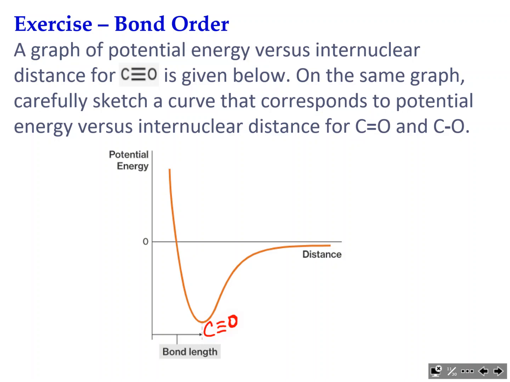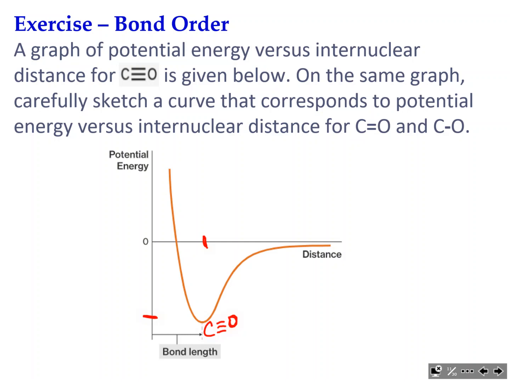On the same graph, carefully sketch a curve that corresponds to the potential energy versus internuclear distance for C double bond O and C single bond O. So if I'm looking here, for this one the potential energy is way down here, at its internuclear distance like so. The C double bonded to the O should be longer or shorter than the C that's triple bonded?